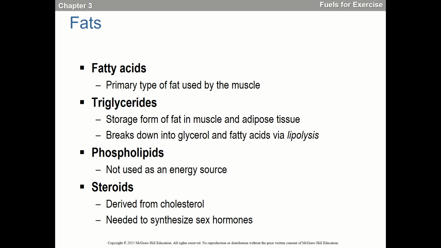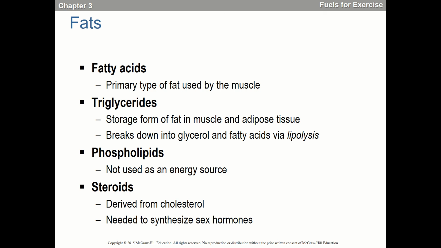As we were talking about before, and this maps on really well with carbohydrates, we store it in the muscle, and we also have a blood form. We have muscle glycogen, carbohydrates stored in the muscle, and then we have blood glucose, which is essentially derived from liver glycogen. We have a fairly similar thing with fats.